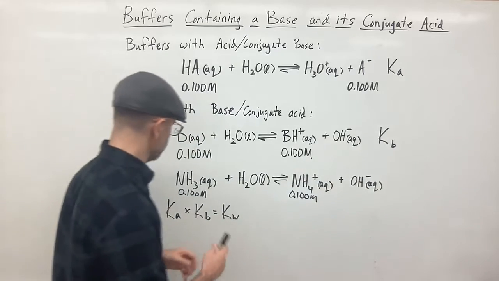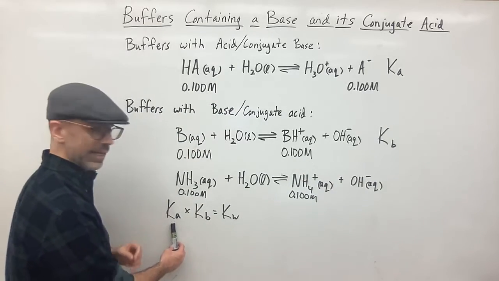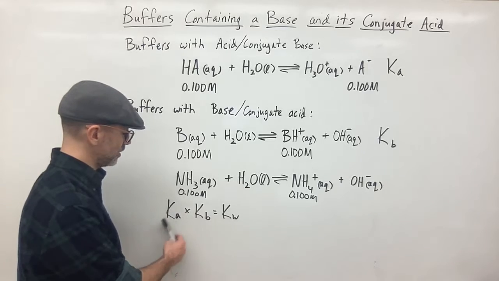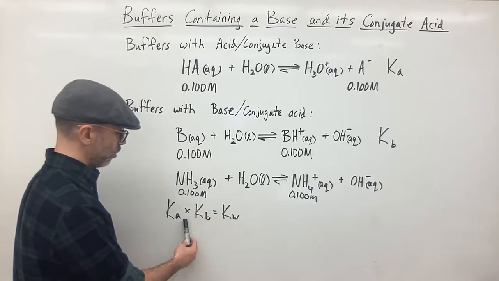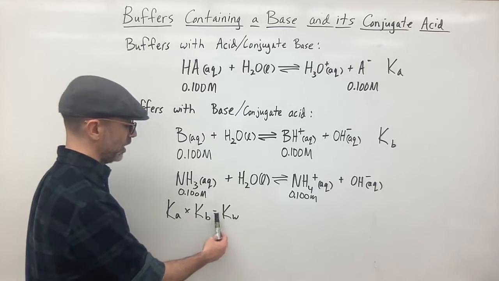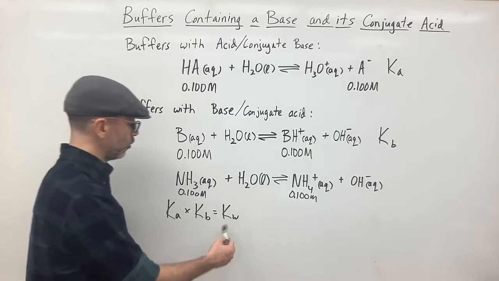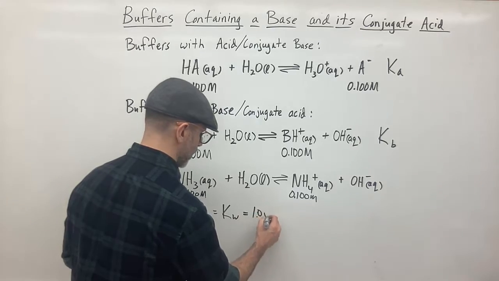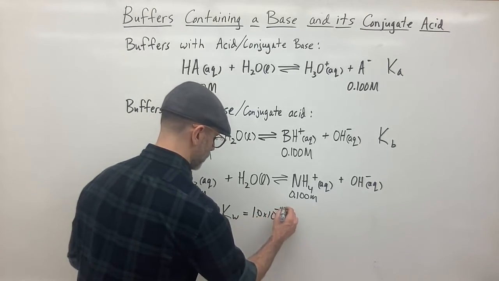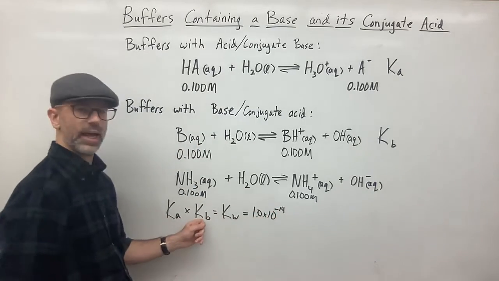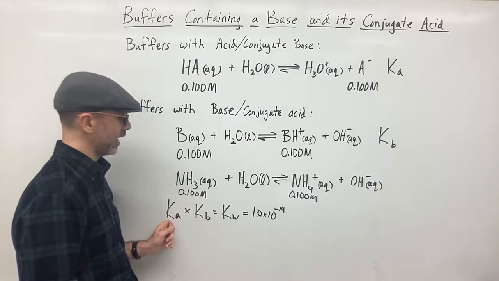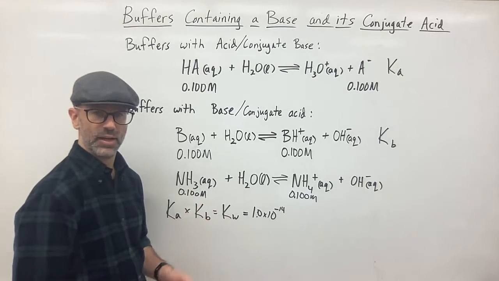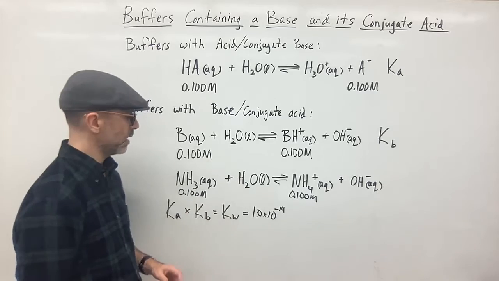Here you would use this equation: Ka multiplied by Kb gives you Kw. We know that Kw, of course, is 1.0 times 10 to the negative 14. So if you know the Kb, then you can find the Ka and use that in the Henderson-Hasselbalch equation as well.